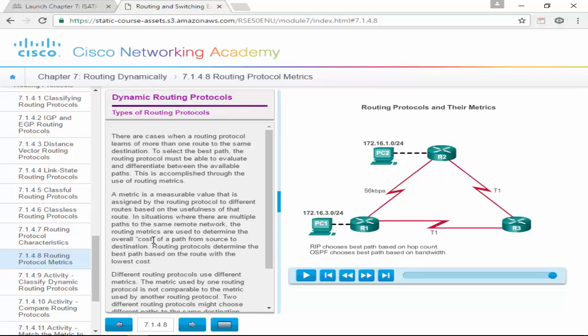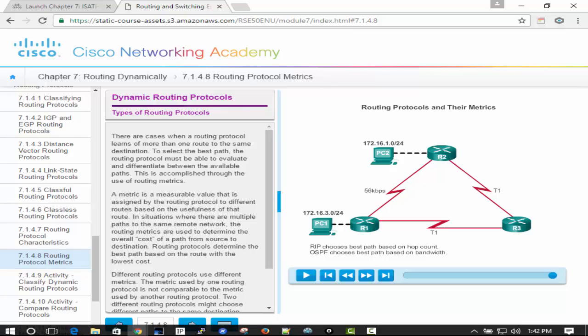RIP uses hop count, so it says it's this many hops away, so it's close, which is also why RIP is bad, right? Because the links are different speeds. RIP thinks this is the fastest way, whereas OSPF uses bandwidth, so it takes these two T1s, and we know that two T1s are faster than a 56K line. And so that's the metric: how it's calculating the best route for whatever routing protocol it is.